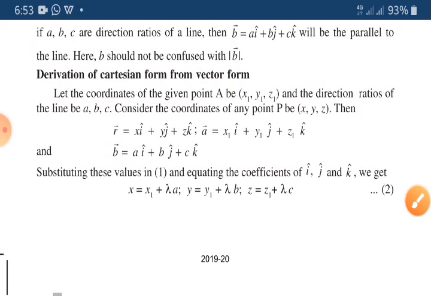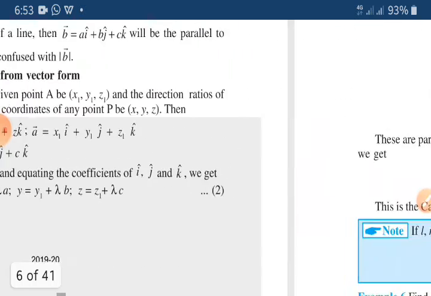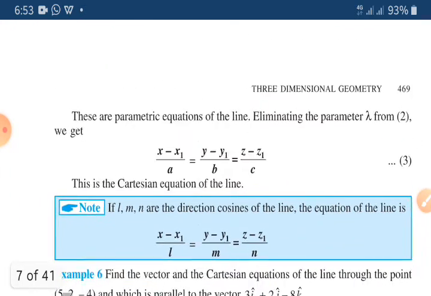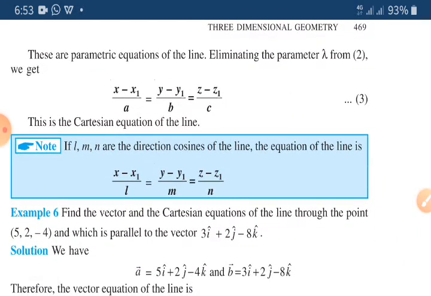This is equation number 2. This is the parametric equation of the line.